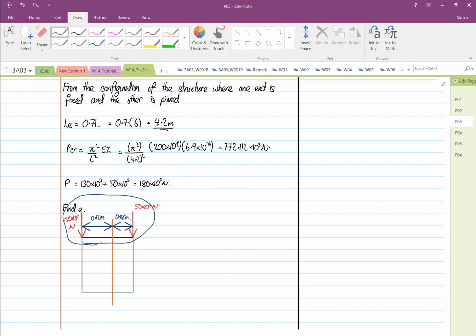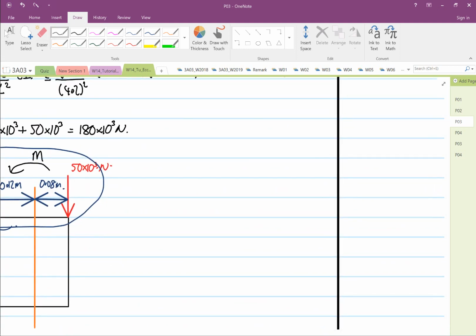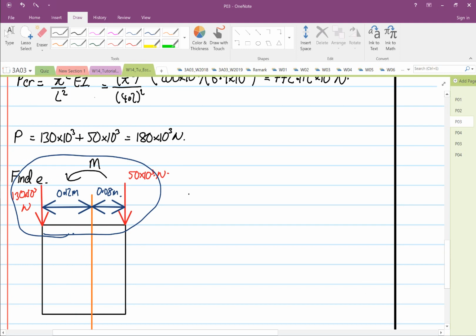So from here we know, based on the distance and the forces, the moment will be in this direction. That is our moment. The moment will be equal to 130 times 10 to the power 3 multiplied by 0.12, minus 50 times 10 to the power 3 multiplied by 0.08.